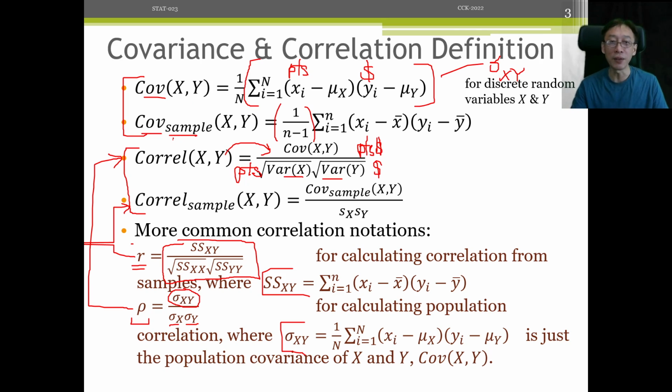And this suffix, sample, is what I put in here to differentiate my intention of usage. So when there is no suffix, it always refers to population. That means both x and y are populations. Remember, random variables can represent either population or sample. So if our covariance here doesn't have a suffix, then it is implied that x and y both represent populations. And if there is a sample suffix here, then that means x and y are random variables that represent samples.